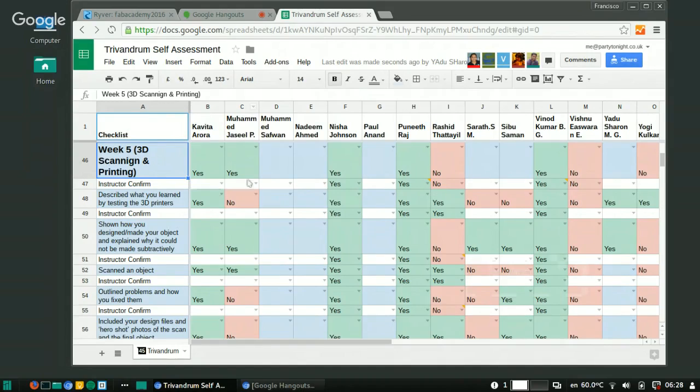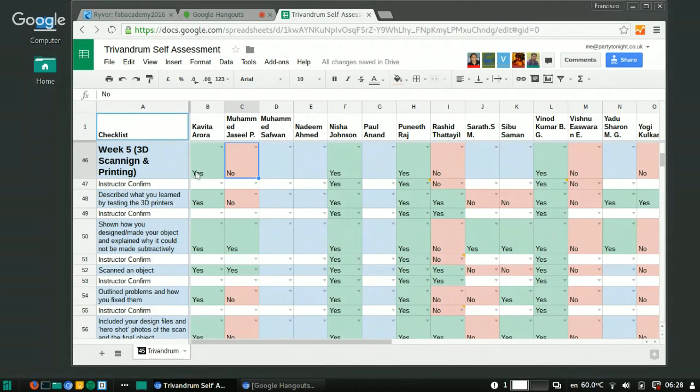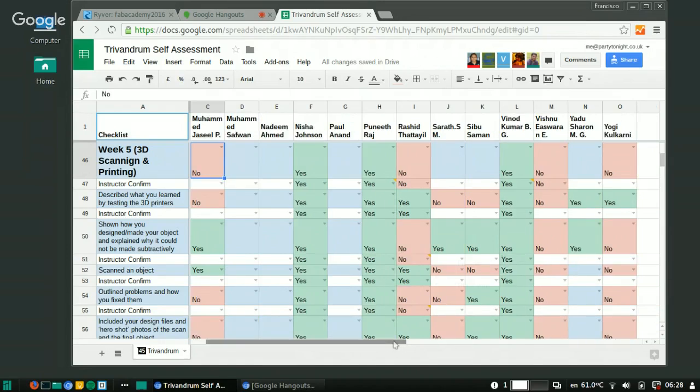This is like Yasil, you see? Yasil has a yes here, he has a no here, because it has some no's here. Like this. So today I'm going to revisit this for you, Kavita, and for Yasil or Rashid, if something was missing.